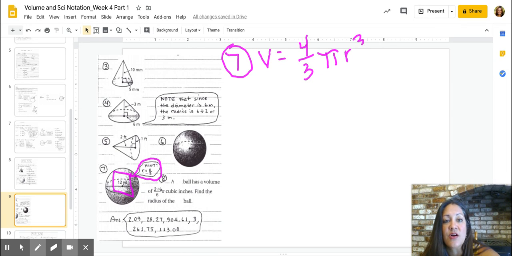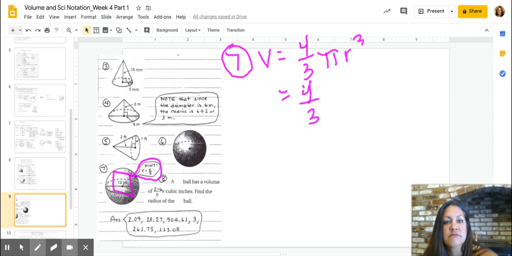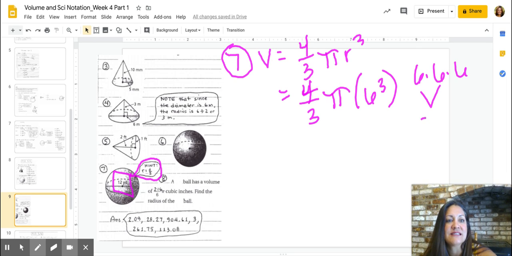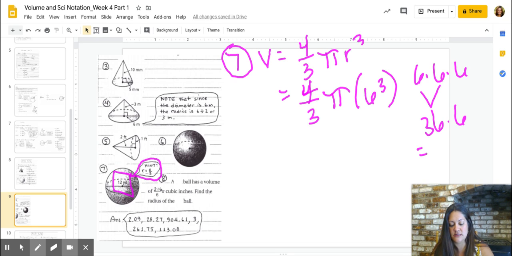And of course, our r is 6. So 4/3 pi times 6 cubed. So remember, that is 6 times 6 times 6. 6 times 6 is 36 times 6 is 216.